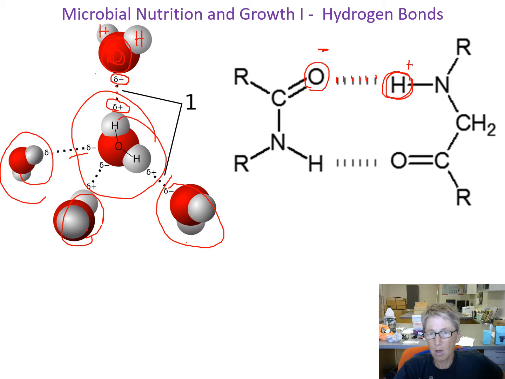Notice that this oxygen that's partially negative is connected to a carbon. This hydrogen, which is partially positive, is connected to a nitrogen atom. And this hydrogen that's connected to a nitrogen atom is also partially positive. And here's another oxygen that's connected to a carbon atom, and this oxygen is partially negative. And then the dashed lines are hydrogen bonds.